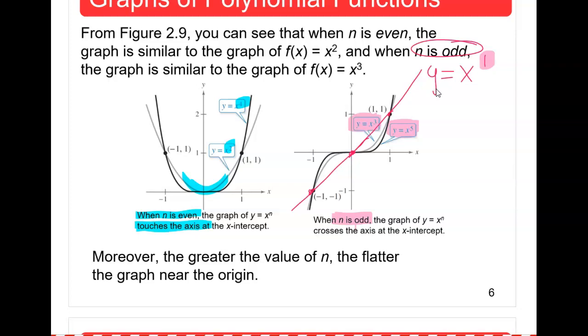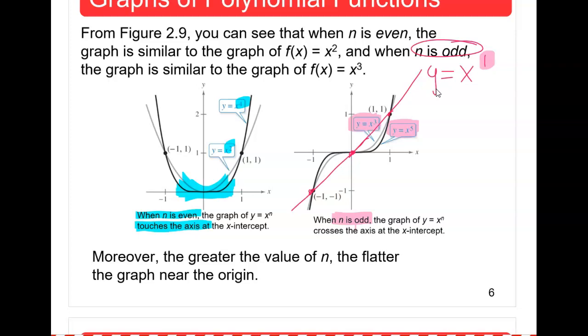And then here we have the polynomial of degree 4, the quartic function, and that also touches and turns around. Now, as you can see, it looks flatter at the origin, the graph of x to the power 4, and that is because it's doing that touching and turning more than once, but we will go over that.